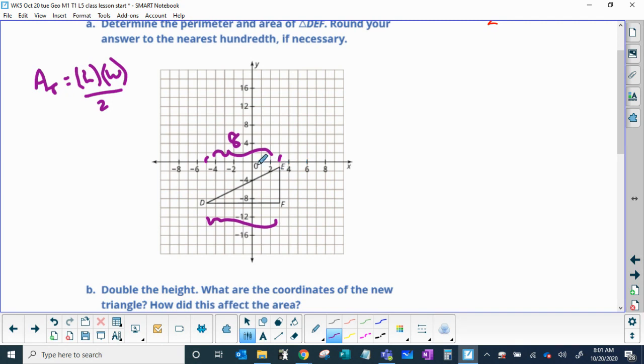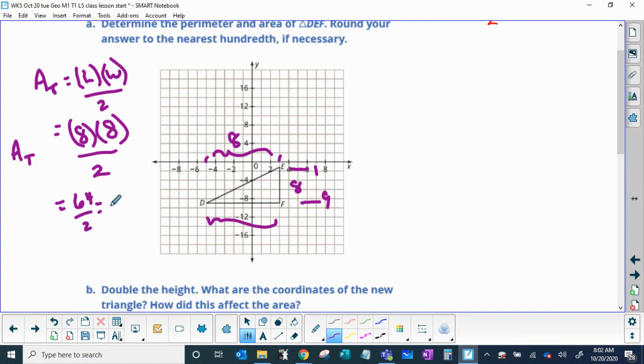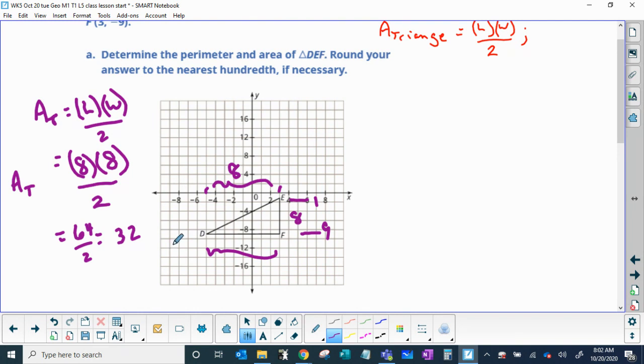And this one's counting by 2s, isn't it? So from 1 unit to 9 units, that's 8 units. Well, the area of this triangle is nothing more than 8 times 8, but it's a triangle, so divided by 2. So 64 divided by 2 is 32 units.